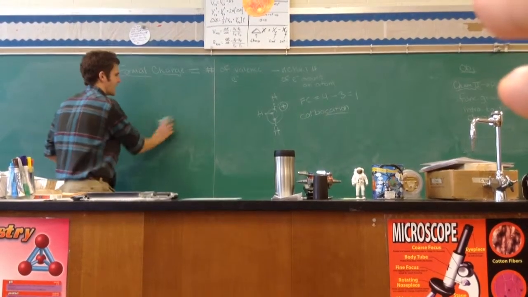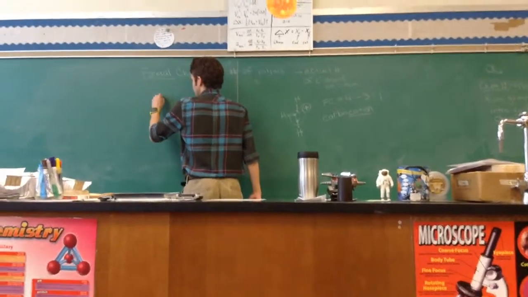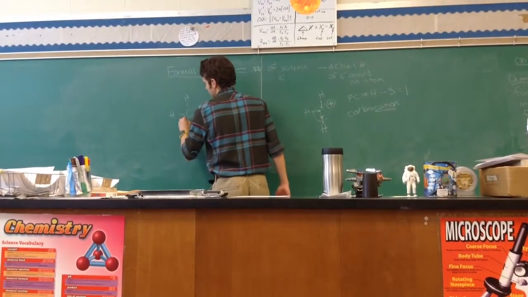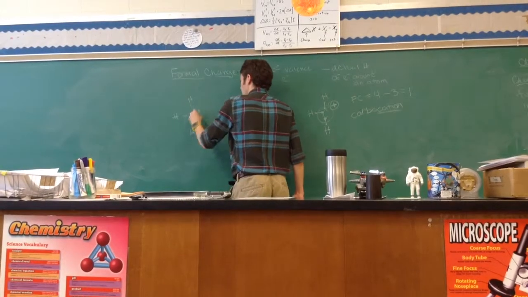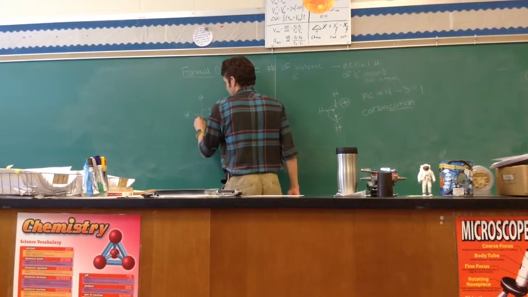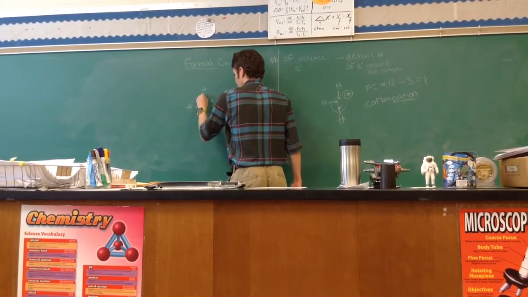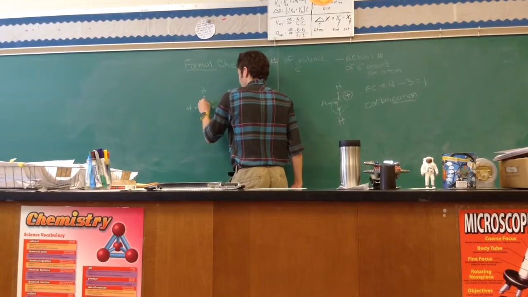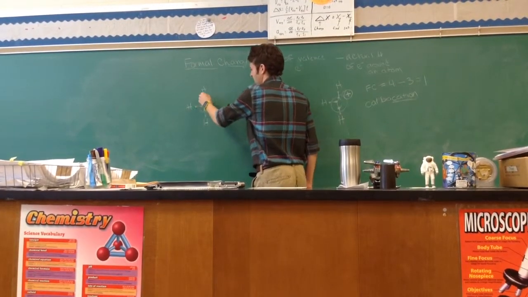Let's do one last one, and then we can take our break. Let's do the same scenario, only this time we'll add our 2 electrons on there. Isolate our carbon here again.